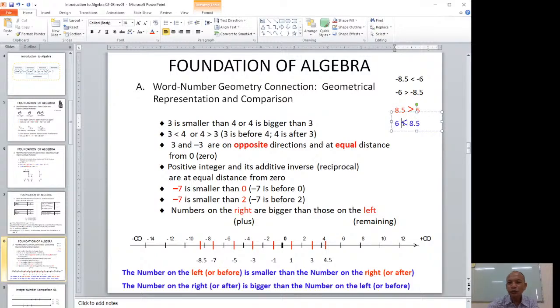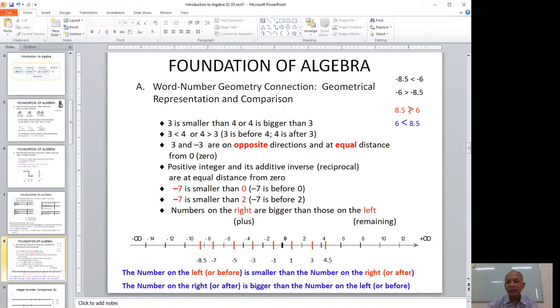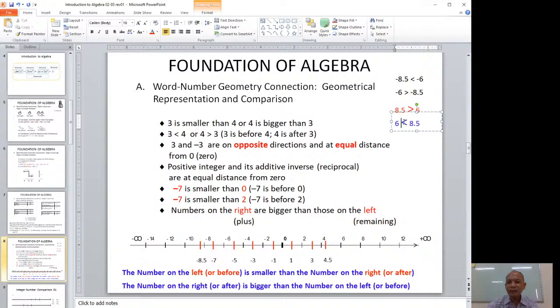Similarly, 8.5 is bigger than 6, so at the direction of 8.5 we open wide, and the sharp, smaller point goes to the 6. So we know how to write the smaller or bigger symbol: the open side faces the bigger number and the sharp point faces the smaller. Here 6 is smaller, so it's sharp at 6, opening wider toward 8.5.